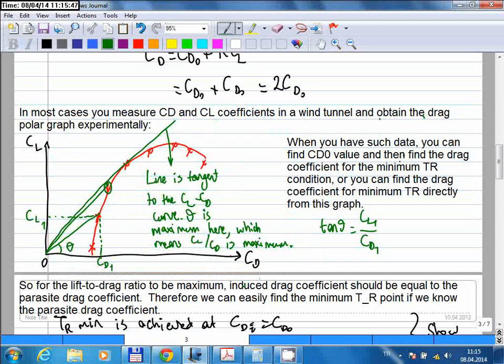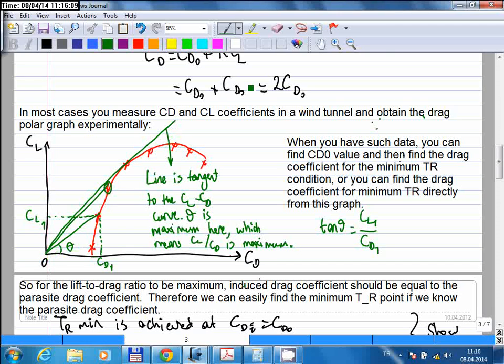So this is a very quick and easy way to find that special condition, and you may get a question like this in the exam. So I can, for example, give you data like this, and then ask you to calculate the minimum required thrust point. What you can do is quickly draw a straight line from the origin to that point.